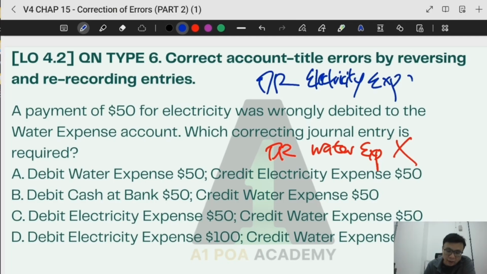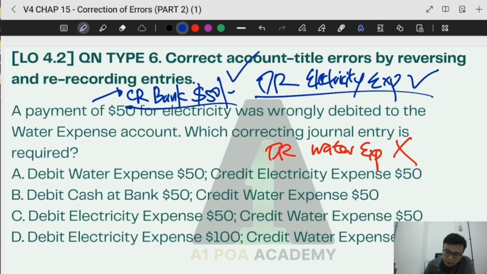At no point did it mention that the recording of the payment of the $50 is wrong, so we will assume that we credit to the bank of $50. This should be the correct entry, but the question is asking us which correcting journal entry is required, because water expenses was debited instead of debiting electricity expenses of $50.